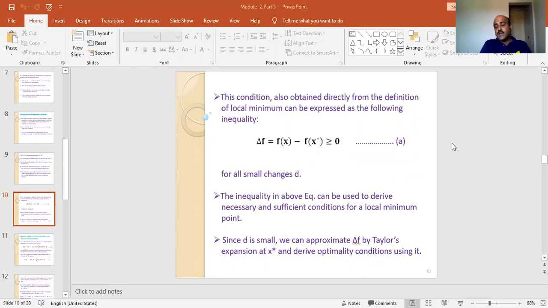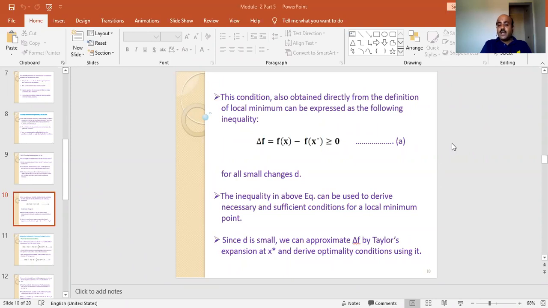In the sense, for even a small movement of x within the neighborhood of x star, f of x should be a non-negative change. Either it should remain constant or it should increase.